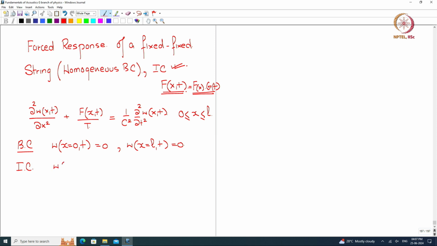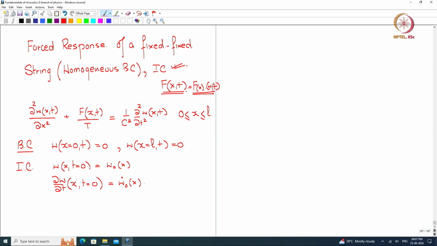The w at x comma t equal to 0 is equal to w 0 of x, and del w by del t at x comma t equal to 0 is equal to w dot 0 of x.